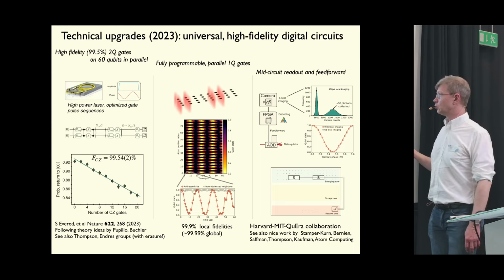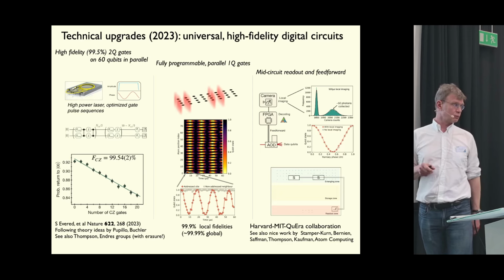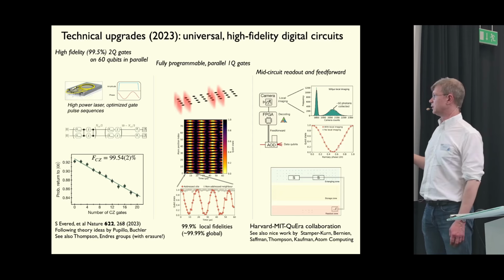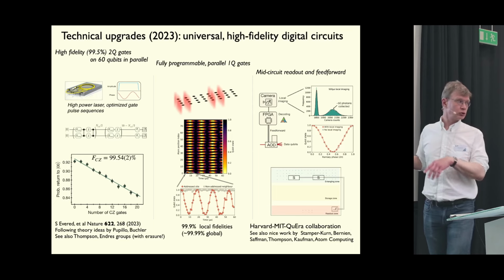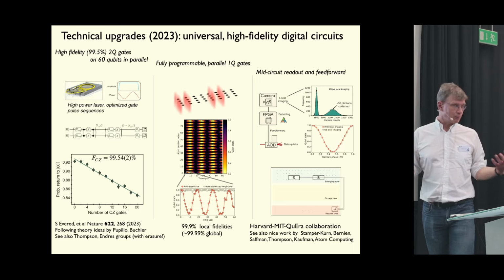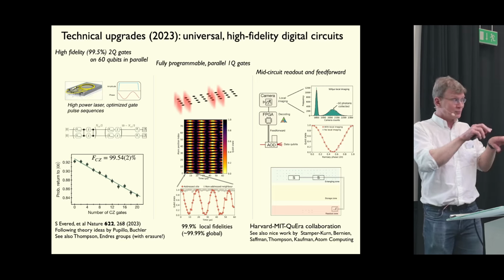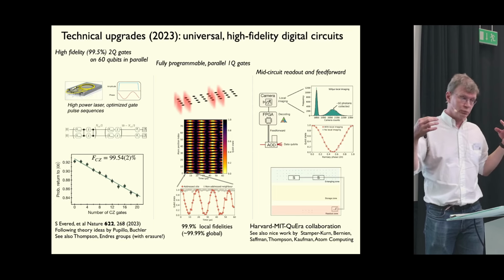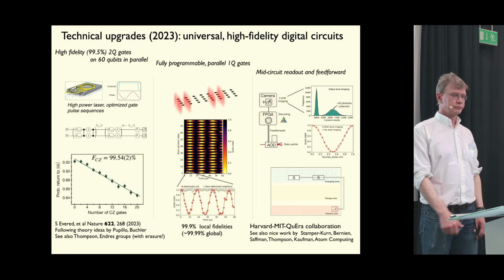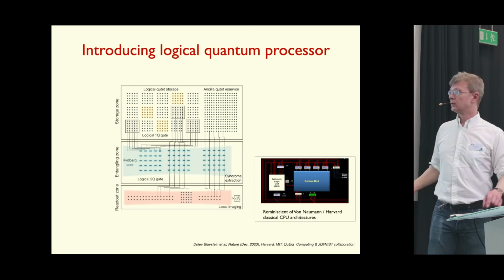And finally, this zoned architecture, I think, is also very, very important. In fact, we now work with systems where we have an entangling zone, a storage zone, and a readout zone for mid-circuit readout. Combining these, and these zones can in principle be reconfigured dynamically. I think all of that will be super important, and these are the ingredients which go into the logical processor, which I will talk about tomorrow.